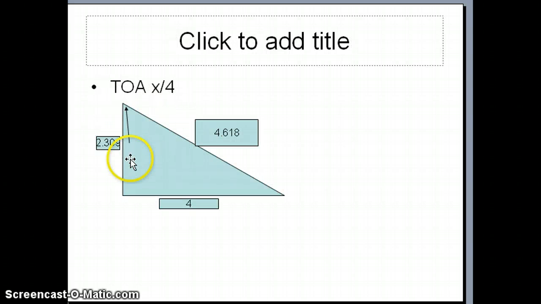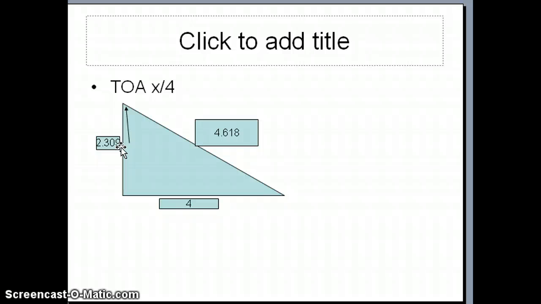So we take our adjacent, and this is all after you type in cosine and then 60, since your angle is 60. Whenever you do sin, cos, or tan, always make sure that you type in the angle, because that's what it wants. And then you see that the cos of 60 is 0.5.